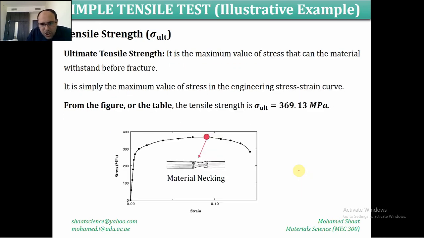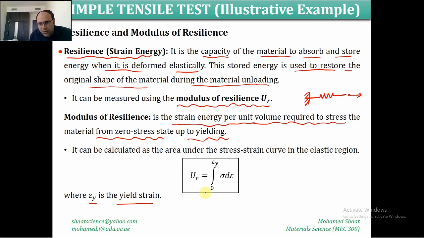If we do the integration of this relation between the sigma and the strain within the elastic region, and remember that within the elastic region the stress equals E times epsilon, right? So if you plug this relation into this integration, this is going to give us the integration from 0 to epsilon yield of sigma, which is E times epsilon d epsilon.